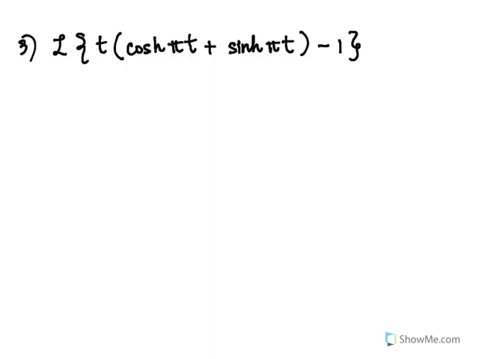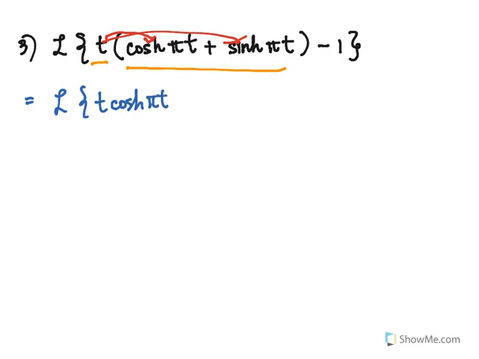Third example, in this case, you have a product of t and this factor here, cos pi t plus sin pi t. So you cannot just get the Laplace transform by factor. Instead, you have to distribute first the t to both terms inside the parentheses. So you have here Laplace transform of t cos pi t plus t sin pi t, and then minus 1.